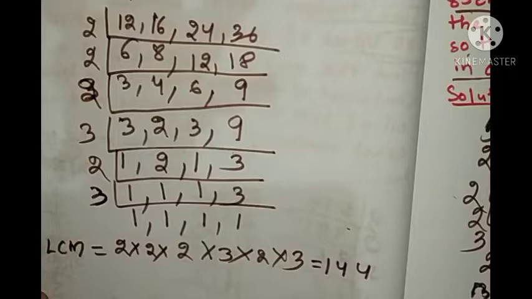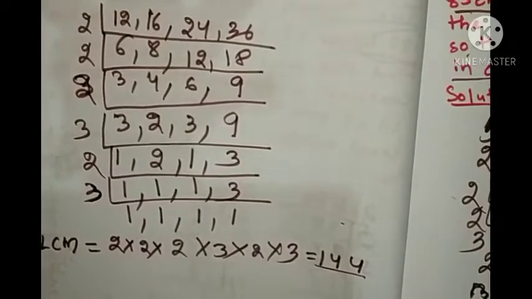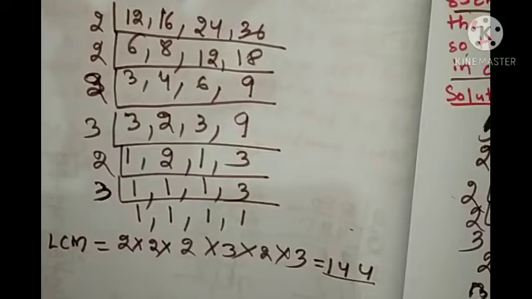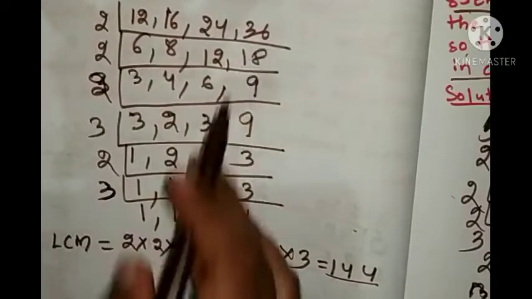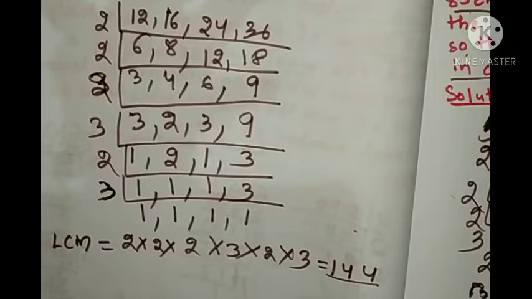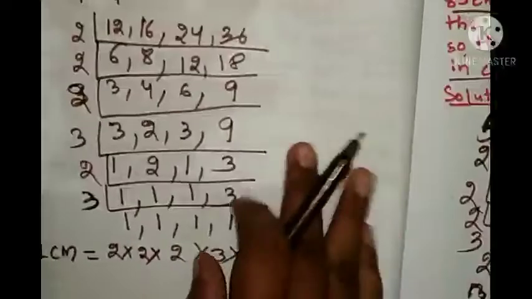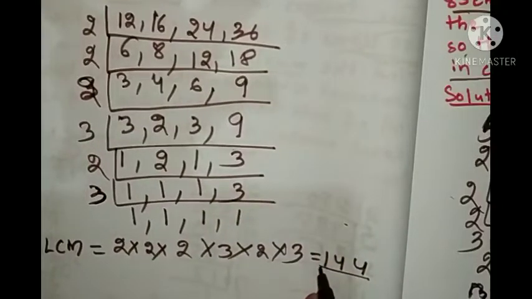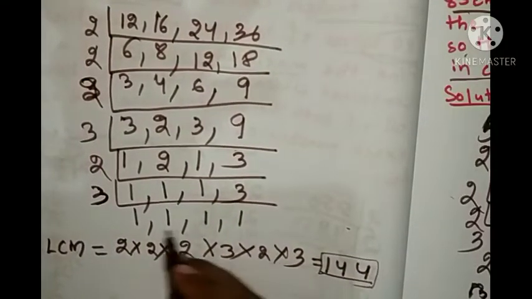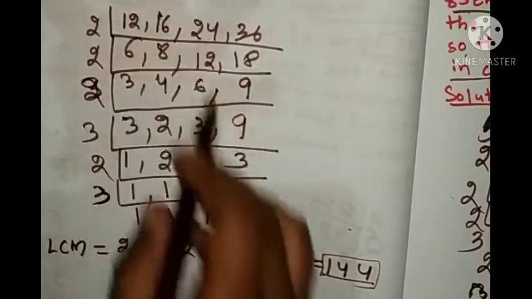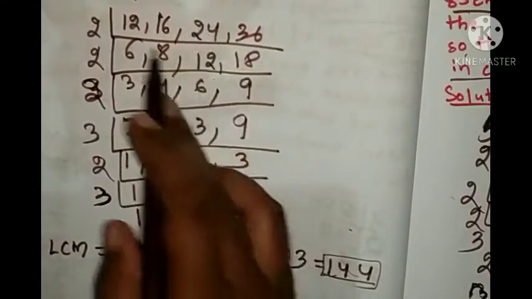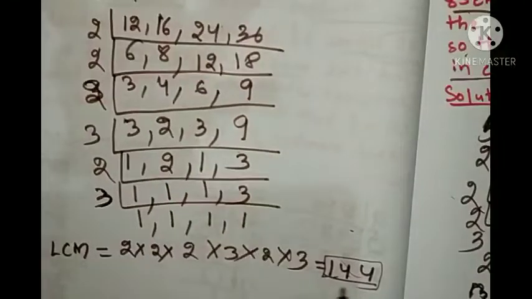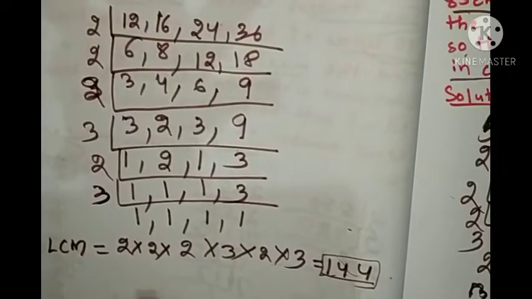This is the LCM. It means when we divide 144 by these numbers, we will get remainder 0. But we need the least number whose remainder will be 7 after dividing by 12, 16, 24 and 36. So by dividing 144 by 12, 16, 24 and 36, we will get 0 remainder. For getting remainder 7, what will we do?